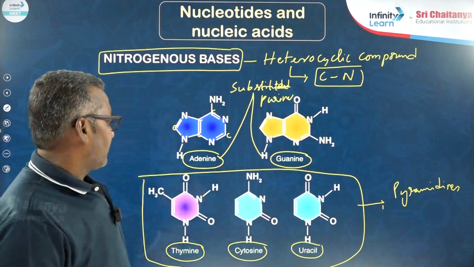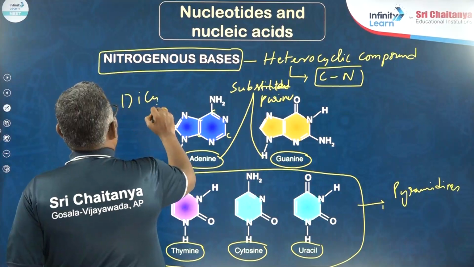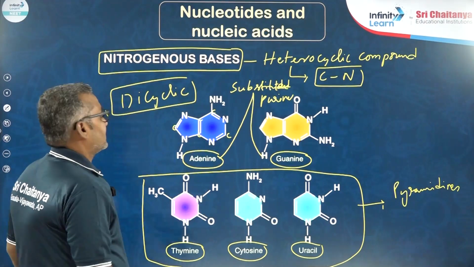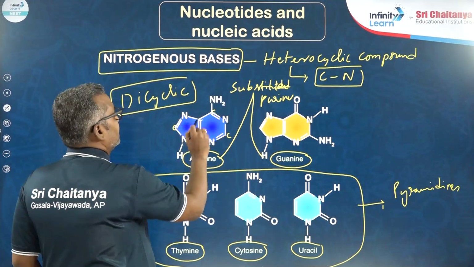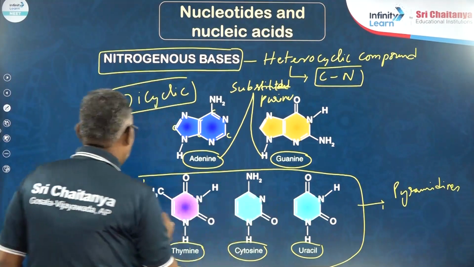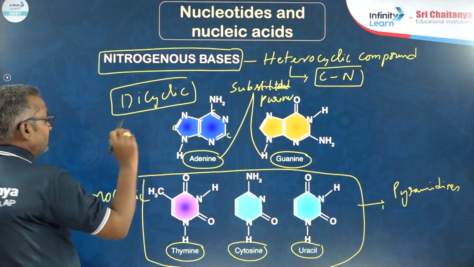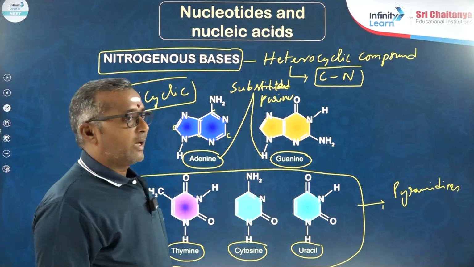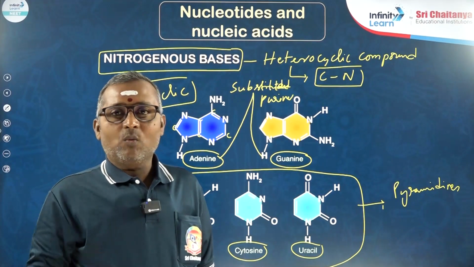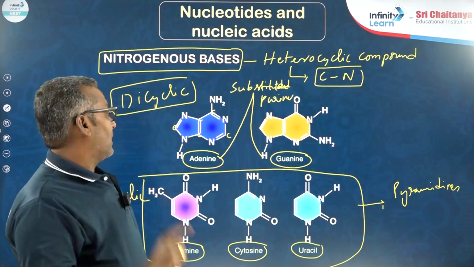Purines are made with dicyclic rings, that is, they have two cycles in their structure, a 6 atom and 5 atom structure, whereas pyrimidines are monocyclic. That is the importance of purines and pyrimidines. So purines include adenine and guanine, pyrimidines include thymine, cytosine and uracil.